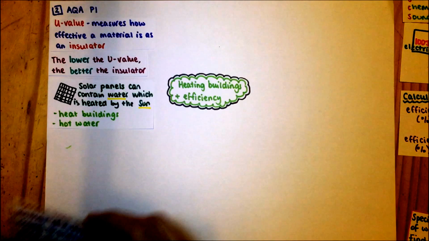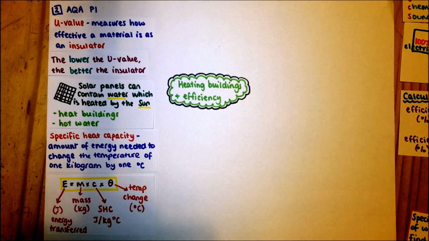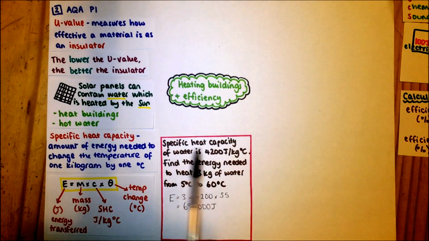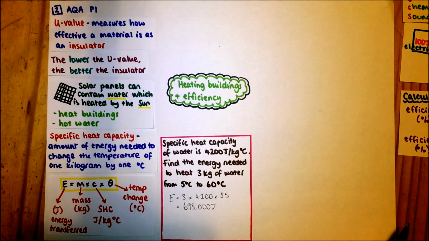Okay. You also need to calculate specific heat capacity in this exam. You are given the calculation on your data sheet, so please use it. It's just a case of swapping those numbers in. So here you can see that the specific heat capacity of water is 4,200 joules per kilogram per degree C. We define the energy needed to heat 3 kilograms of that water from 5 to 60.